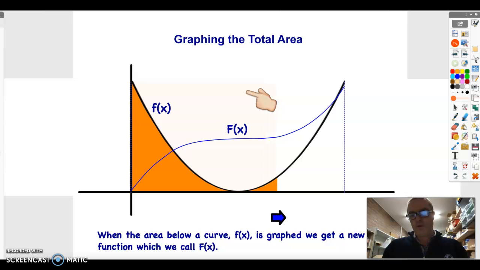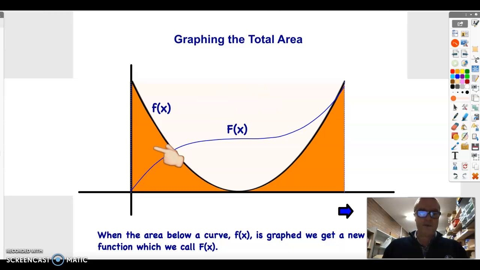As the gap widens between the curve and the axis, the shaded area increases much more quickly, and we can see that also occurring with the value of our capital F function. So at any point on this curve, the value of that function represents the shaded area below the parabola up until that point.